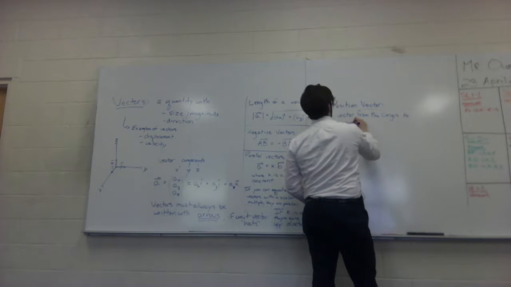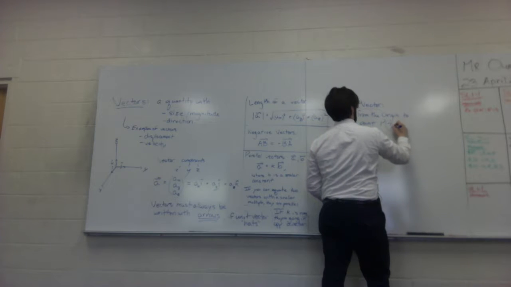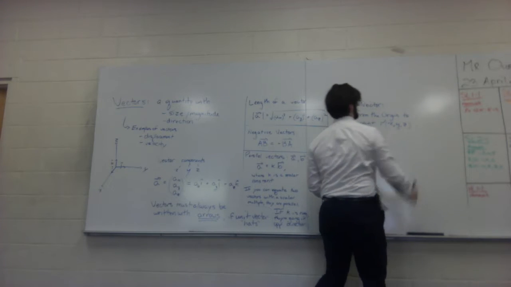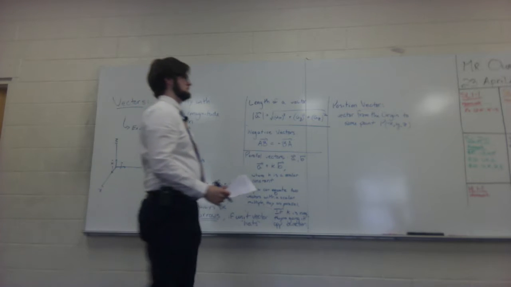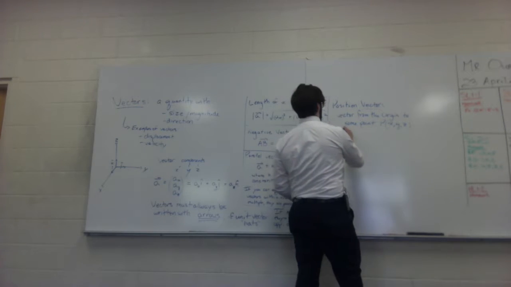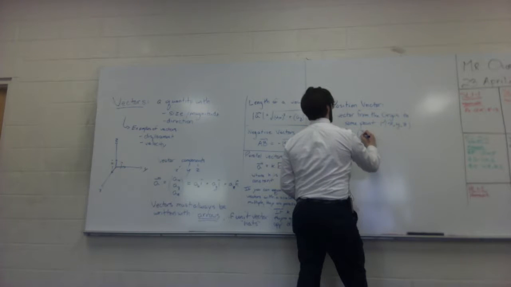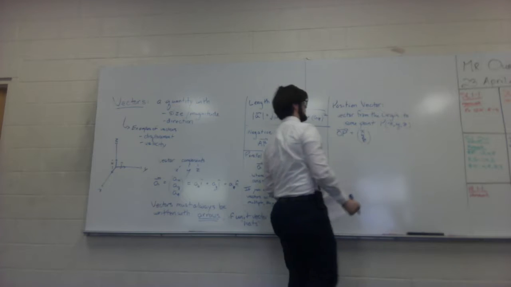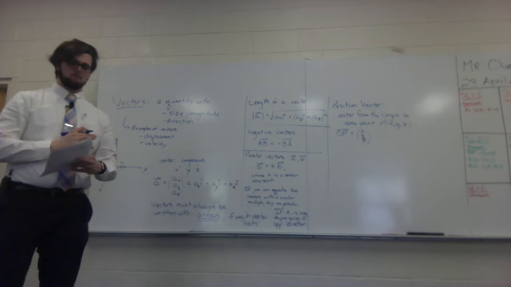Generally, we'll just call the end point P with coordinates x, y, and z. So usually you go from the origin O to P, vector OP. And the vector from O to P is just the vector with x, y, z as its components. Right, good.